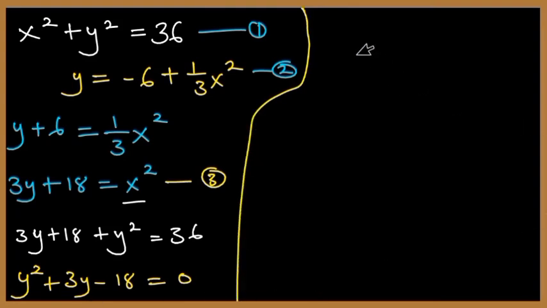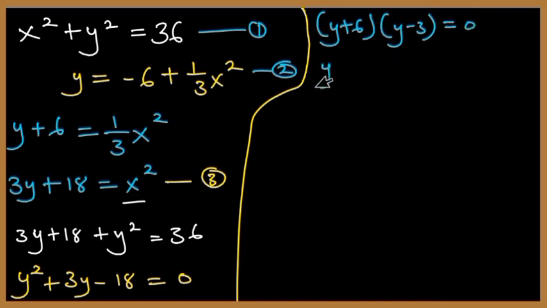So we solve it. Solving it, I'll have y plus 6 multiplying y minus 3 all equals 0 here. Finding the value for y, I'll have y equals negative 6 or y equals 3 here.